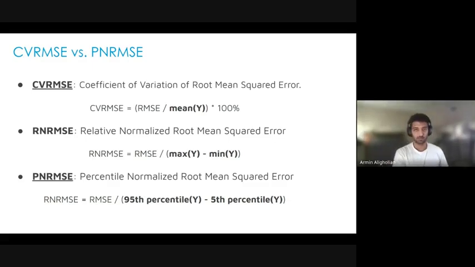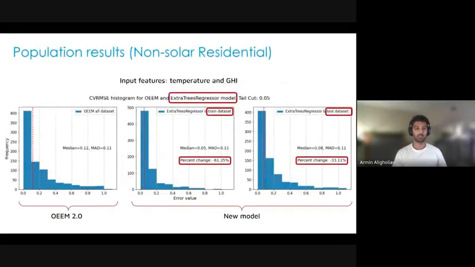So let's go to the next slide, which shows the population results of the different scenarios that I mentioned. I just brought a summary of that in these slides, but I wanted to walk you through this figure. We have 3 histograms. The first one on the left is always for the OpenEEmeter 2.0, or the Caltrack 2.0.